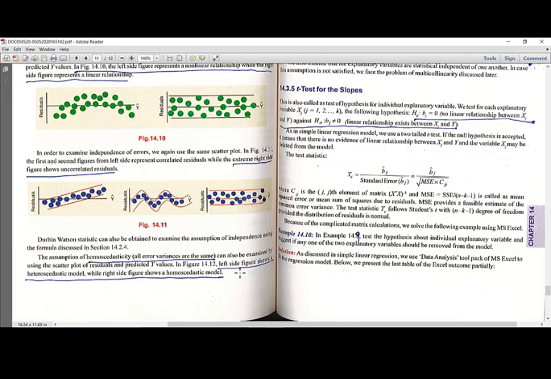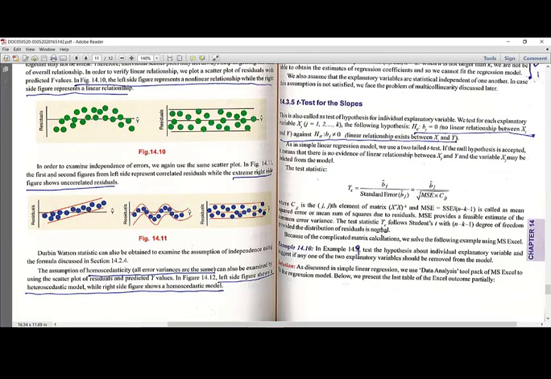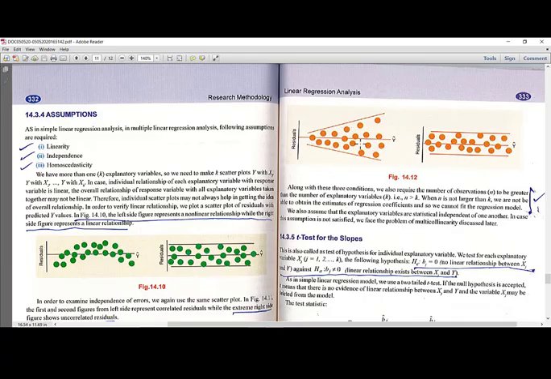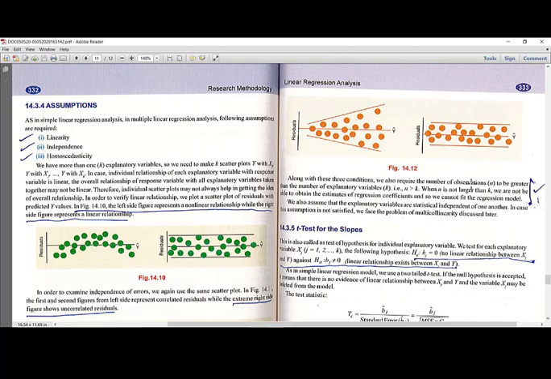In the next figure, the left side figure shows a heteroscedastic model, whereas this is a homoscedastic model. Along with these three conditions, we also require the number of observations, small n, to be greater than the number of explanatory variables, k. That is, n greater than k.